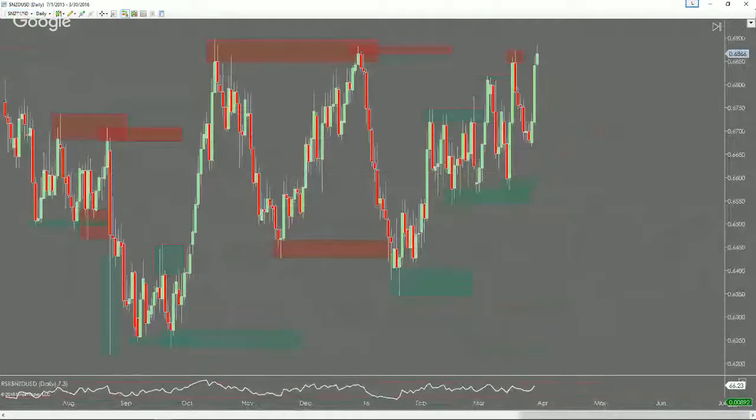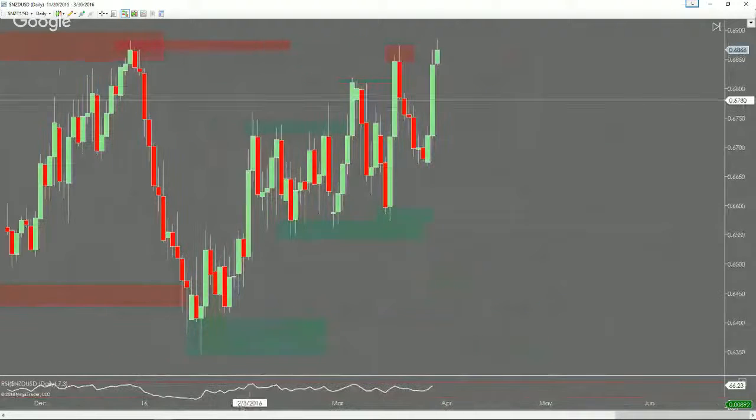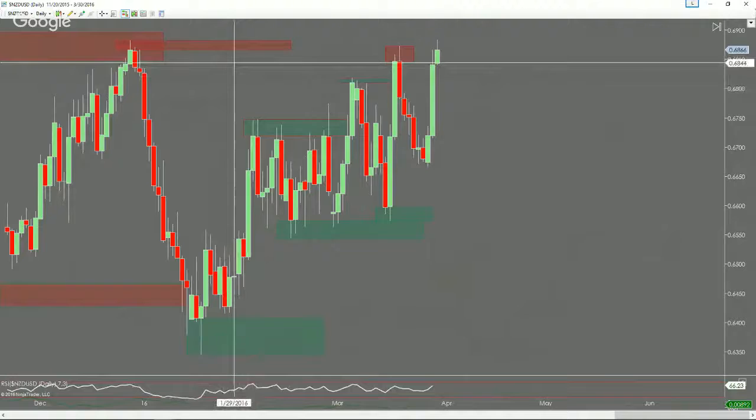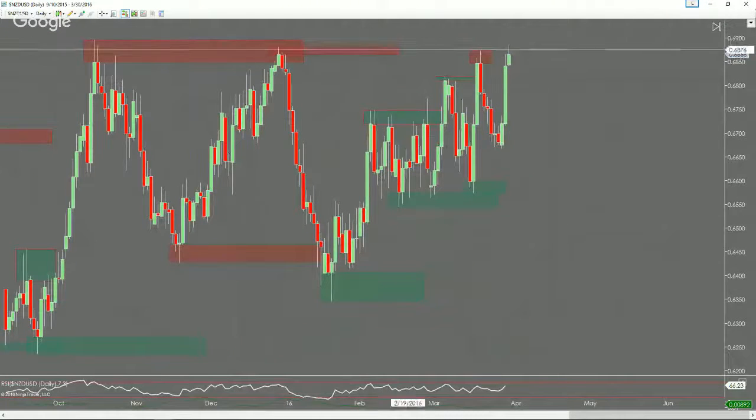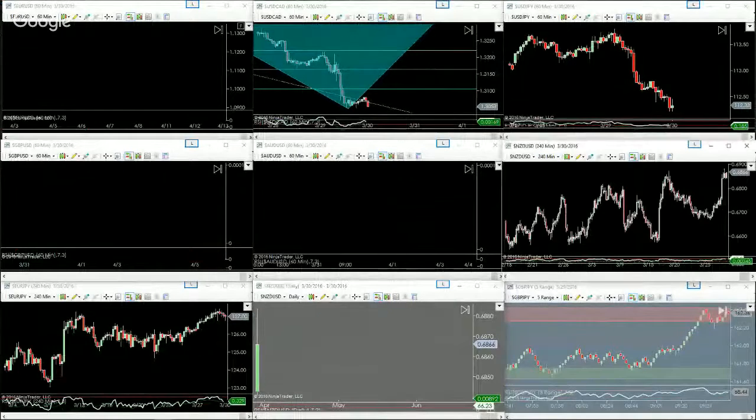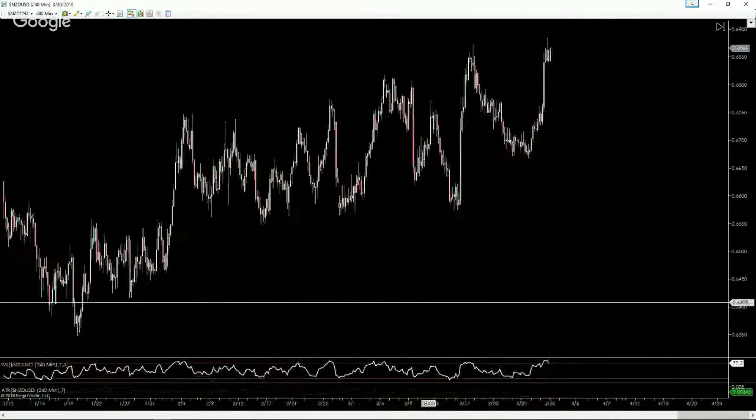Okay, let's go to New Zealand. See New Zealand, it's kind of stair-stepping back up. Price is now back to that resistance level. Let's see if we have any opportunities on the lower time frame.